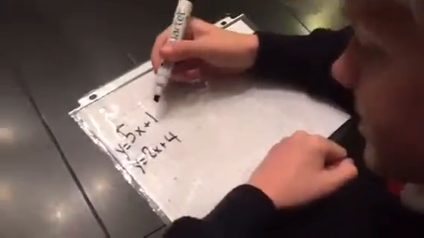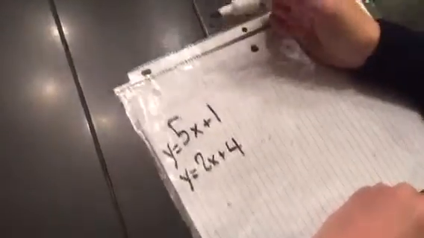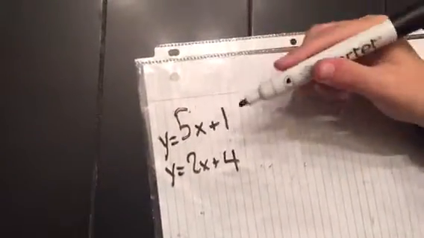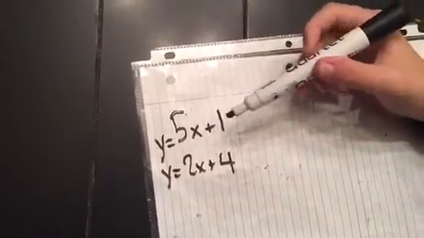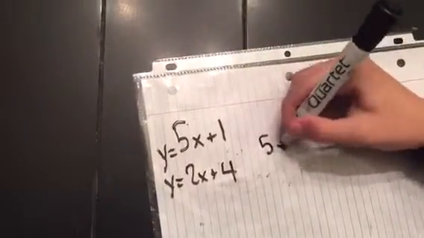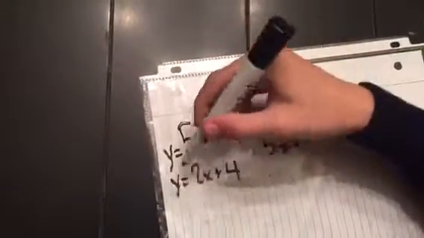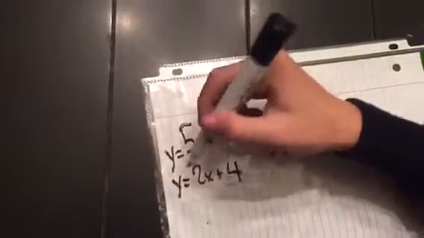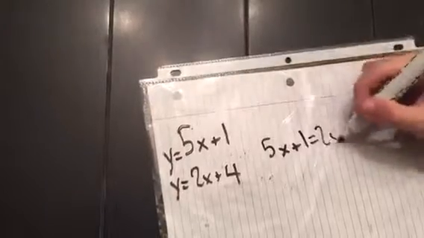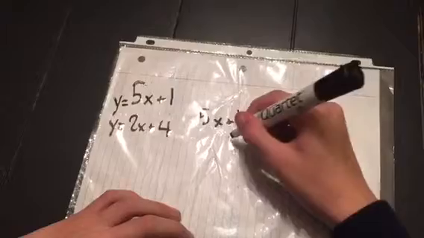So we have this system of linear equations. Since it starts with y equals, first what we do is we could plug either one with these. I'm just going to go with this one, but it really doesn't matter at all. 5x plus 1, because that's y, but it says y here, so we put y for y equals 2x plus 4. Now we subtract 1 from each side.